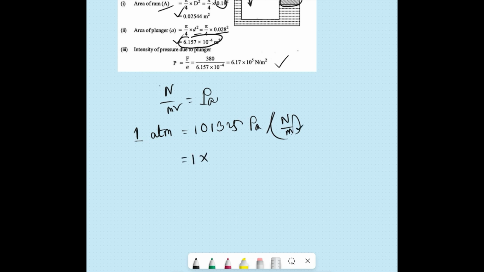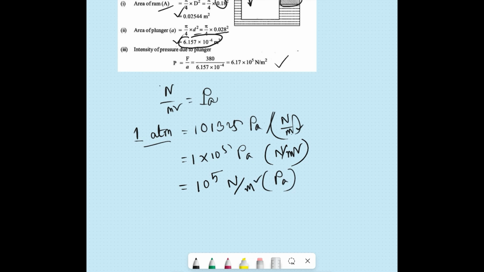So we could write approximately 1 into 10 to the power 5 Pascal or Newton per meter square, same thing. This is the relation between the atmosphere and Newton per meter square or Pascal.